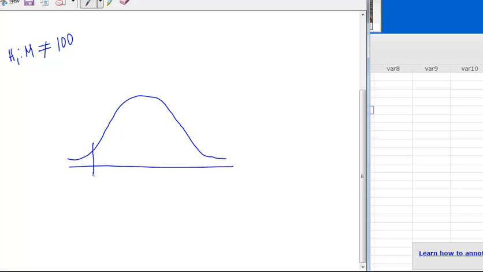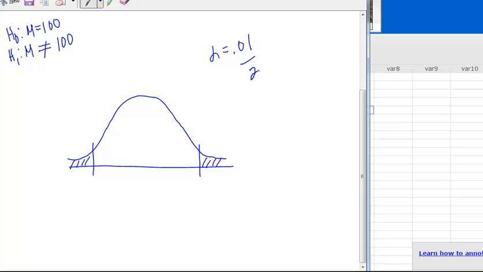If we get way down in this tail or way down in this tail, we can reject the null, which is mu equals 100. Here we're given that the alpha level is 0.01. That has to be divided, part of it here and part of it here.